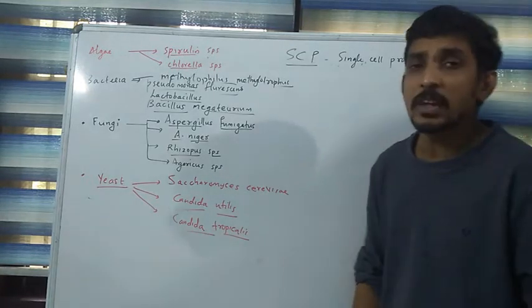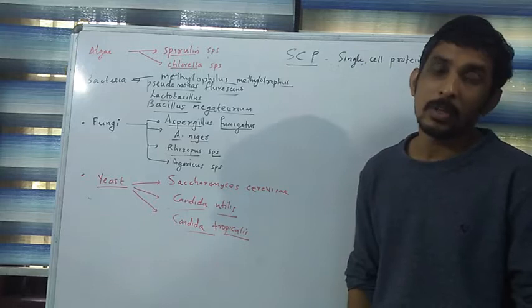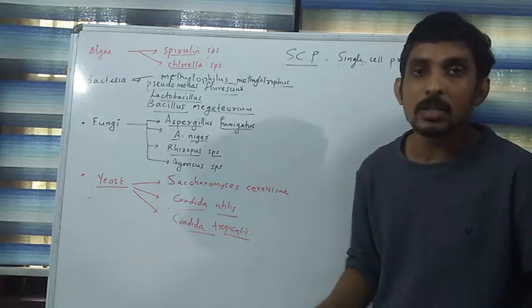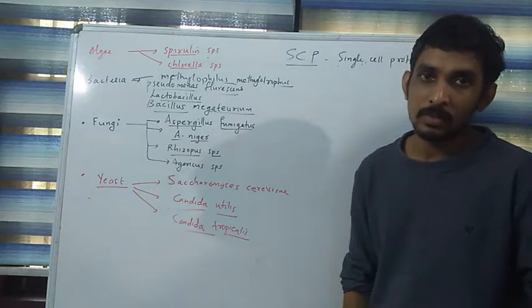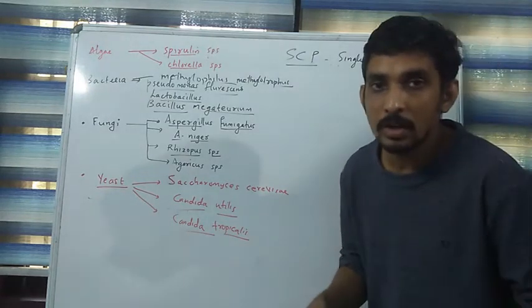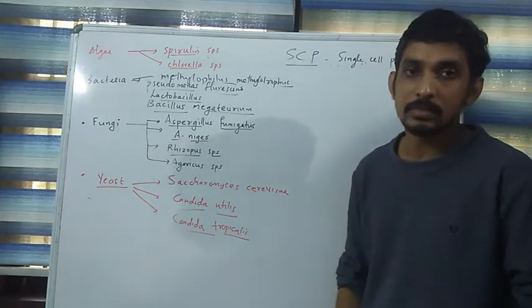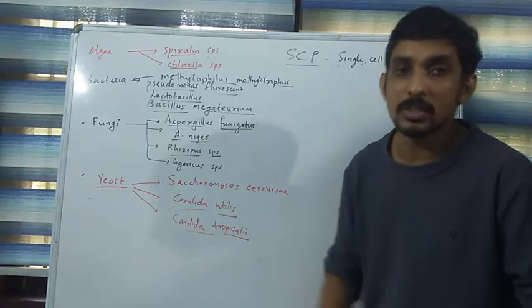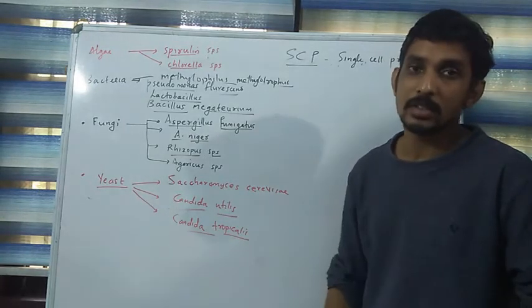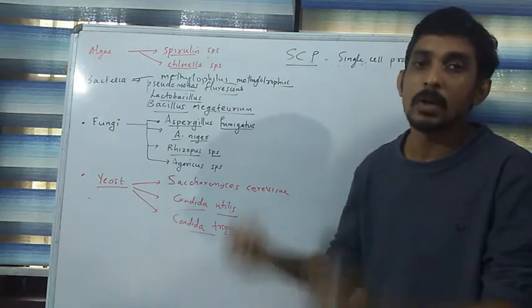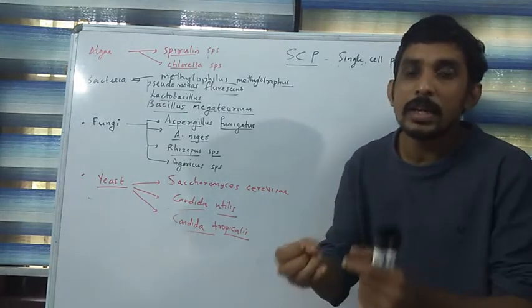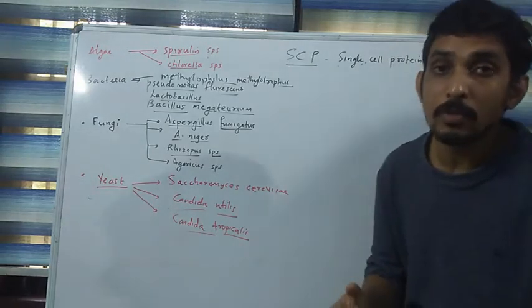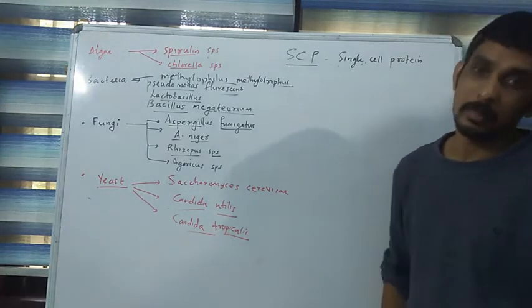Suppose you take the case of Spirulina species, we can obtain the Spirulina protein within 5 to 6 days of cultivation. If we start to cultivate Spirulina in a tank, after 6 to 7 days, we can get that Spirulina. We can obtain its product. So we can produce a large amount of protein within a short duration of time.